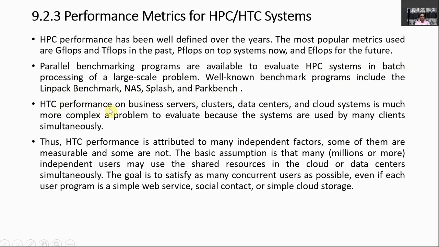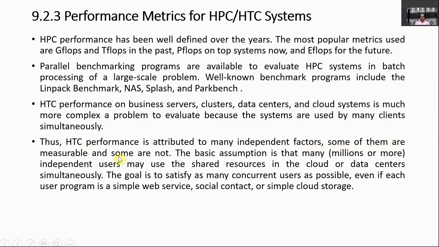HTC systems performance on business servers, clusters, data centers, and cloud systems is a much more complex problem to evaluate because the systems are used by many clients simultaneously. This HTC system performance is attributed to many independent factors.